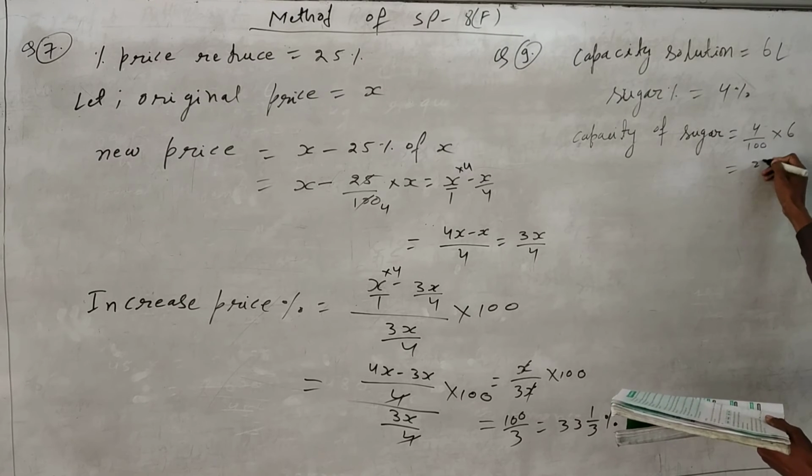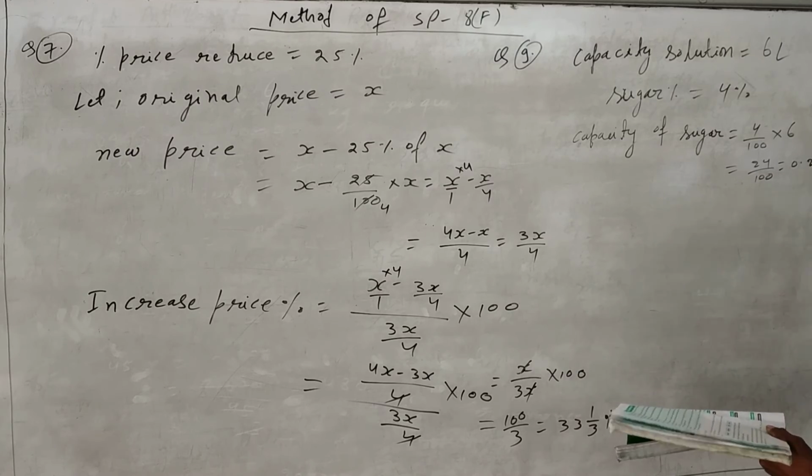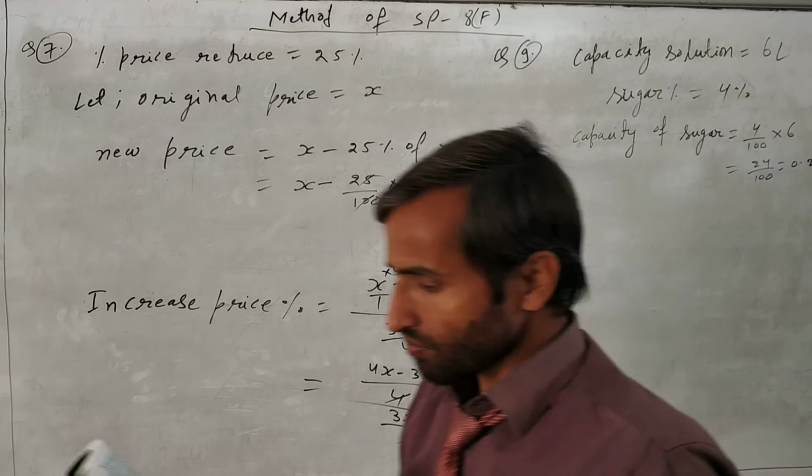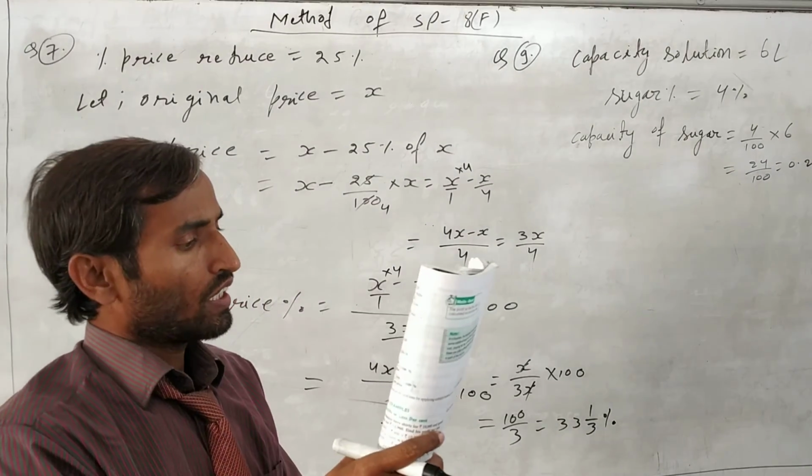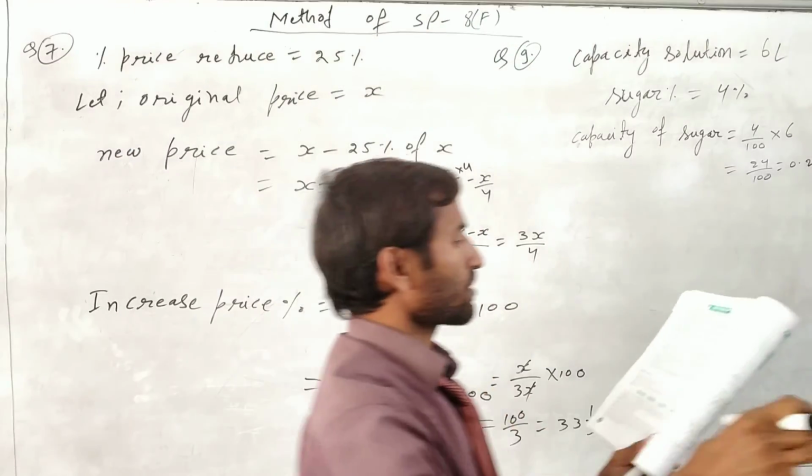So it will come 24 upon 100, meaning 0.24 liter. Now 1 liter of water is evaporated, meaning removed.